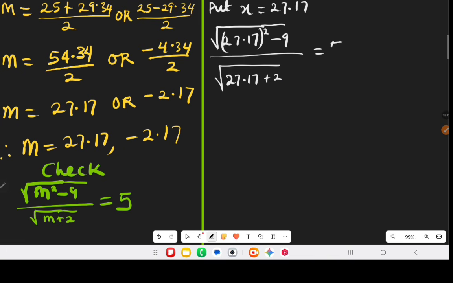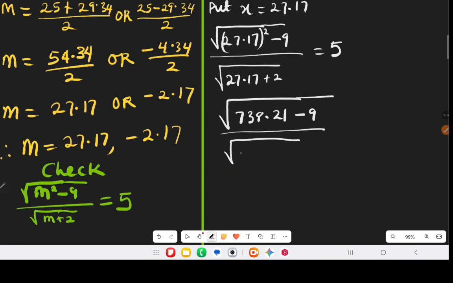Will it give us 5? Let's try. 27.17 squared gives us 738.21, minus 9, all over, when we add 27.17 plus 2, the root of 29.17. Will it give us 5?